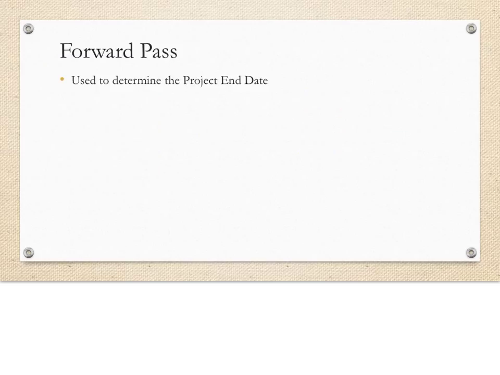Now, in order to determine the project end date, we use what is called the forward pass. We start with node 1 or event 1, and we give it an earliest start time of 0 days.